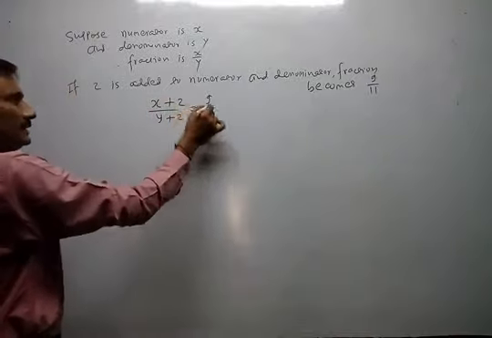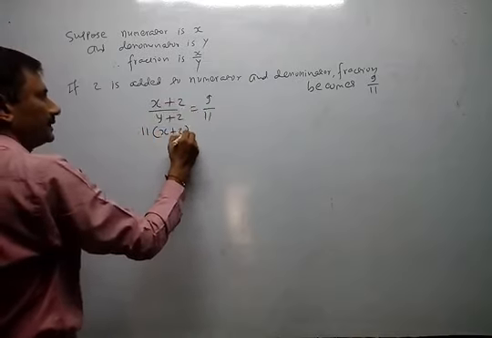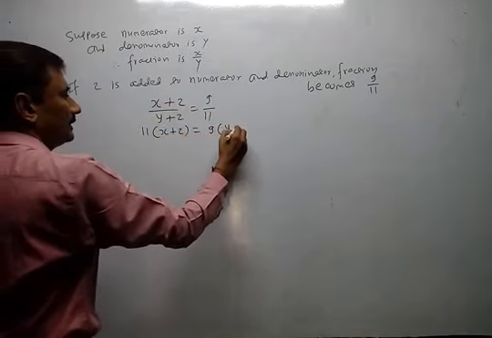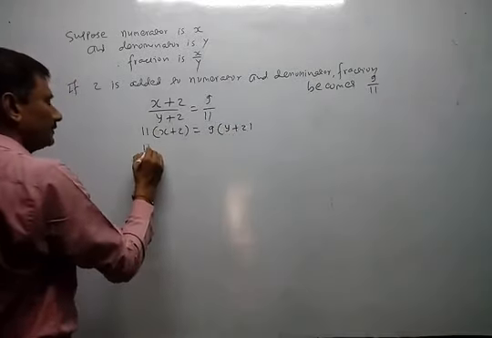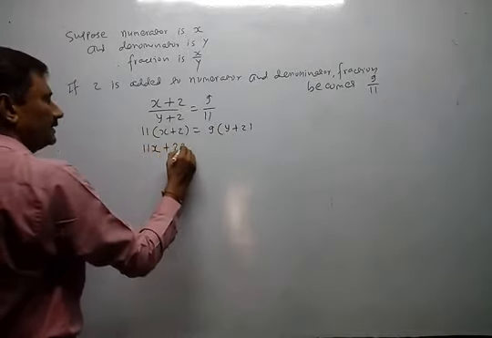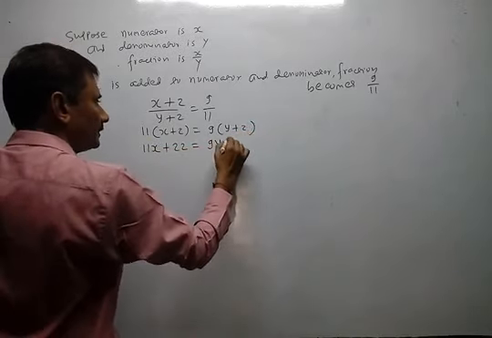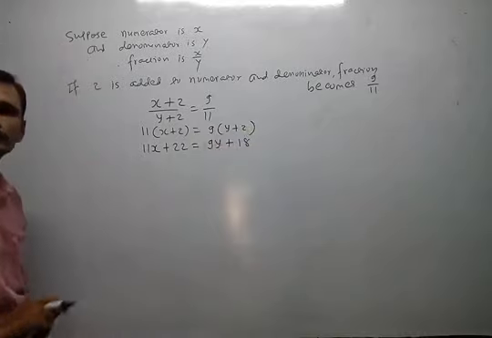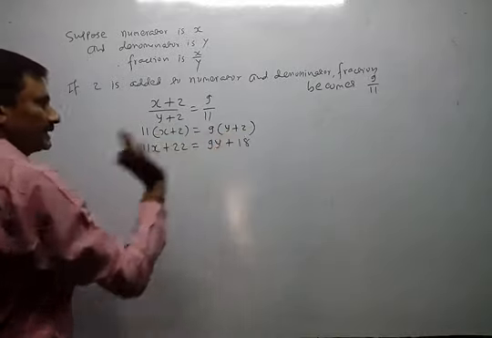Now just simplify by cross multiplying. So 11 times (x plus 2) equals 9 times (y plus 2). Okay, so it will be 11x plus 22 equals 9y plus 18. Okay, 11x plus 22 equals 9y plus 18.